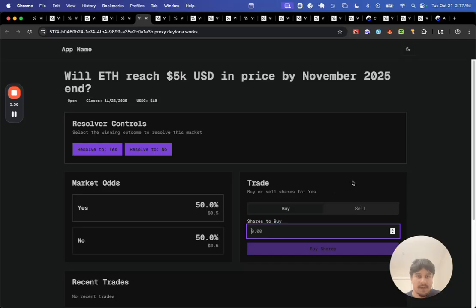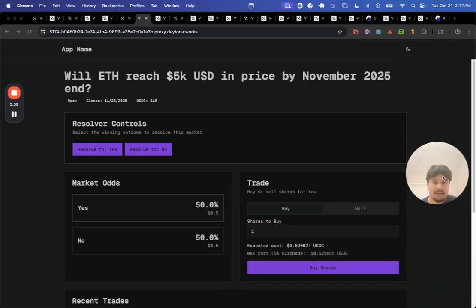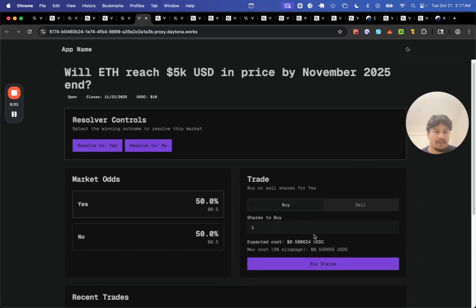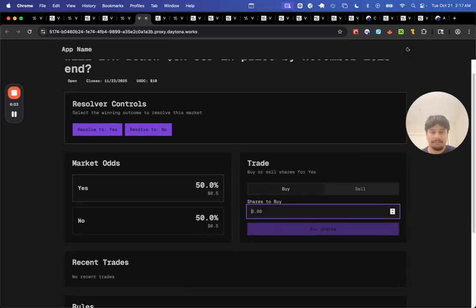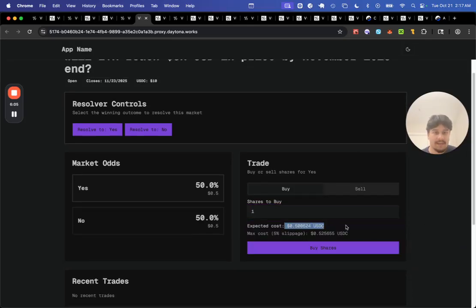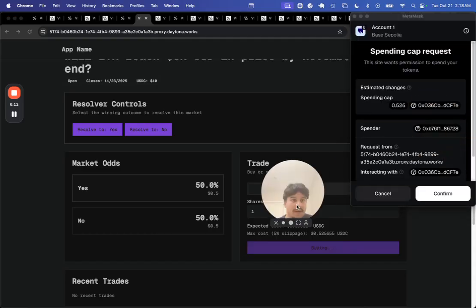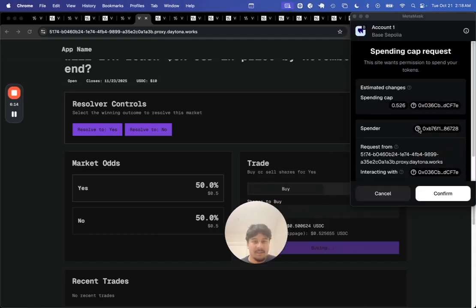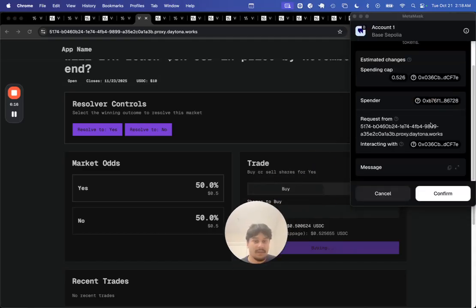So let's go ahead and buy one share of the yes token, and we get an expected cost. So we've quoted how much USDC this should cost. And when I hit buy shares, it prompts me to sign a signature, and not a transaction.